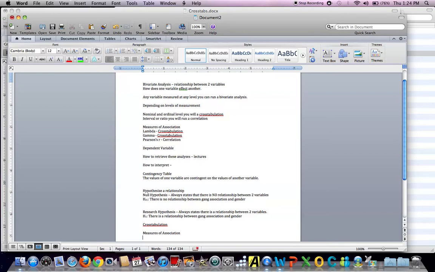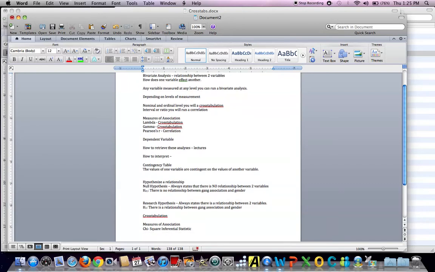And you also get the chi-square, which is our inferential statistic. You remember from test 1 that inferential statistics allow you to infer what you found in a sample to a population statistic. Okay, so our measure of association would then be our sample statistic. In other words, it only looks at whether or not a relationship exists in a sample.